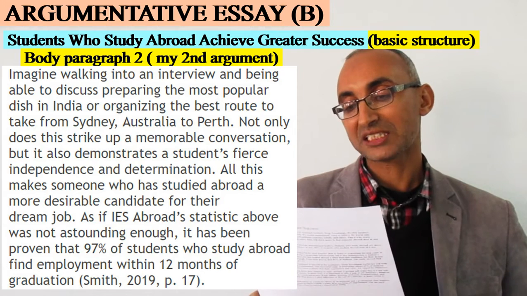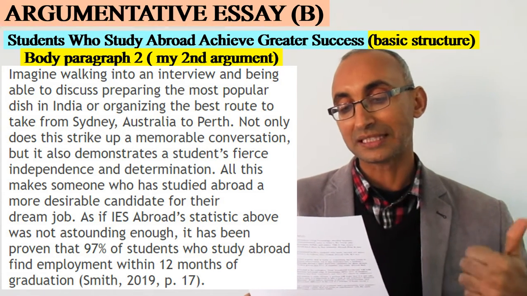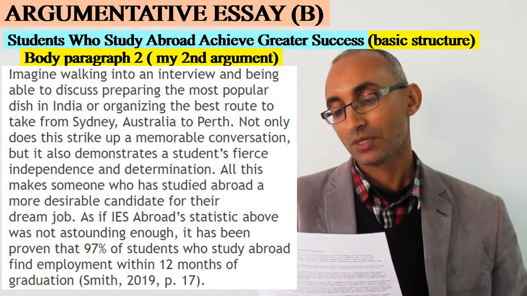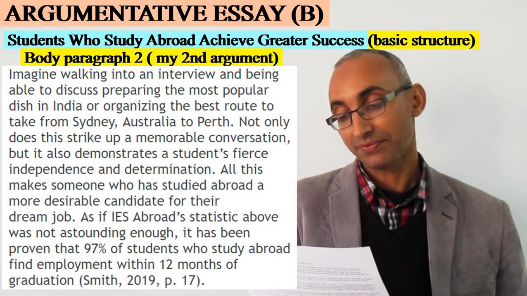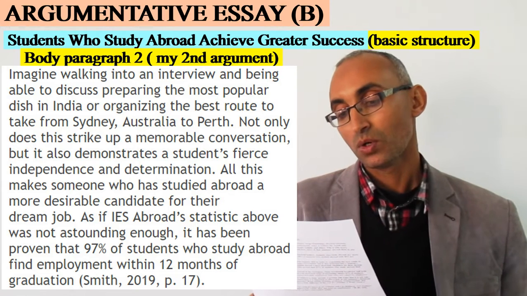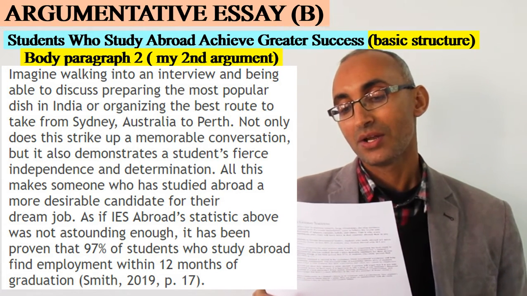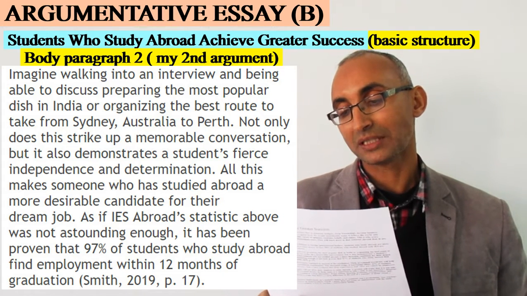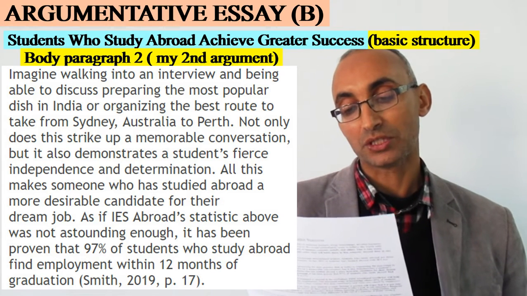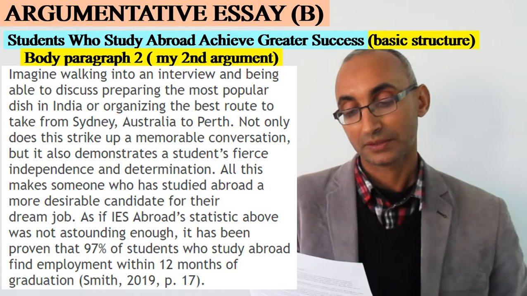All this makes someone who has studied abroad a more desirable candidate for their dream job. As if IES abroad statistic above, statistics always facts as arguments, proofs, was not astounding enough. It has been proven that 97% of students who study abroad find employment within 12 months only of graduation. Clear? From Smith, this is source. Clear?